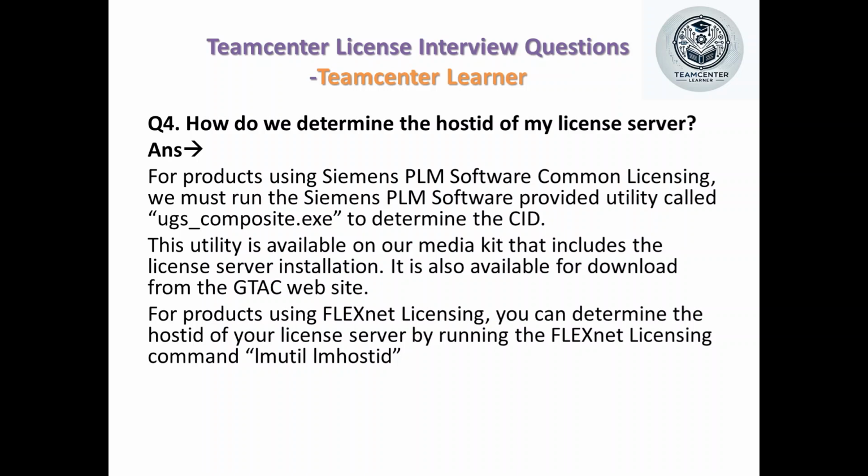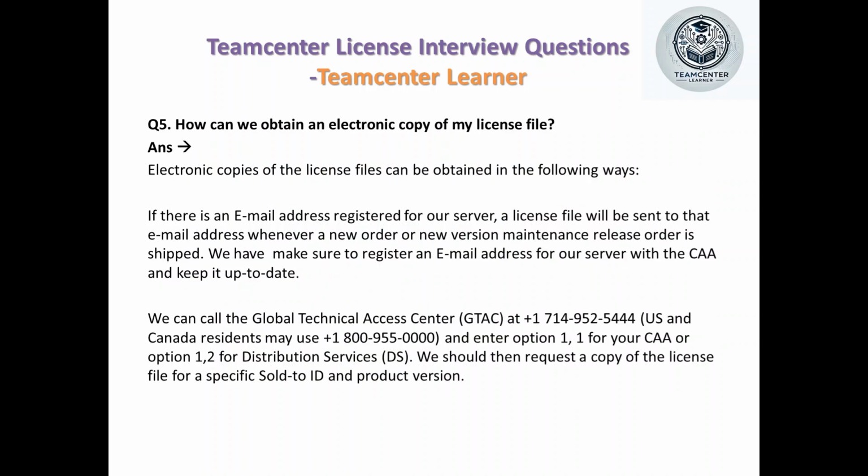For products using FlexNet licensing, you can determine the host ID of your license server by running the FlexNet licensing command lmhostid. So basically here we have to run ugs_composite.exe to get our host ID. It is very important for the license file.